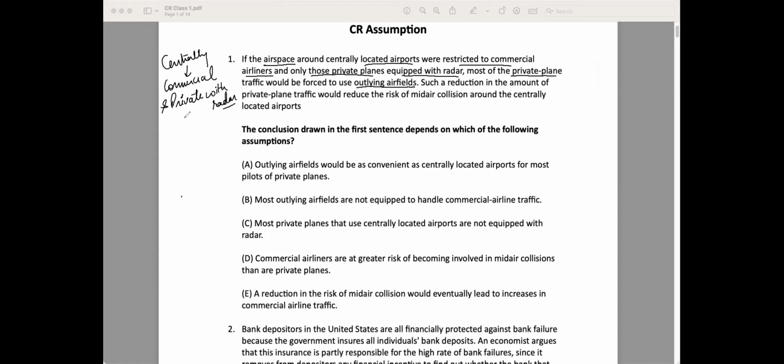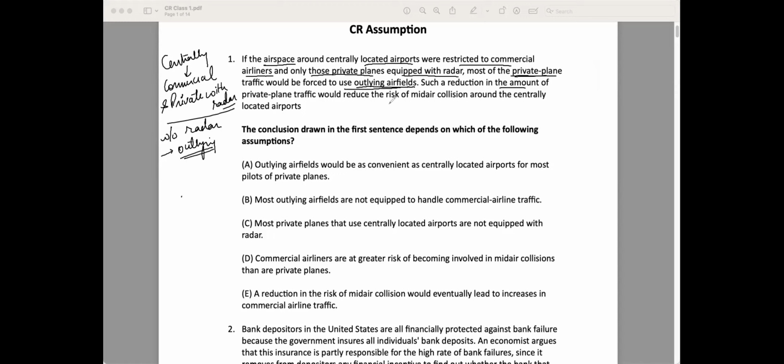So that means private planes without radar will be forced to fly on outlying airfields.